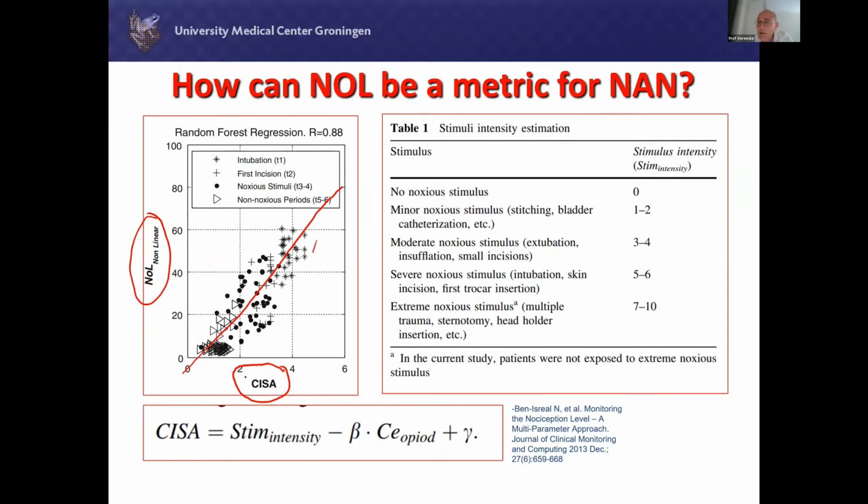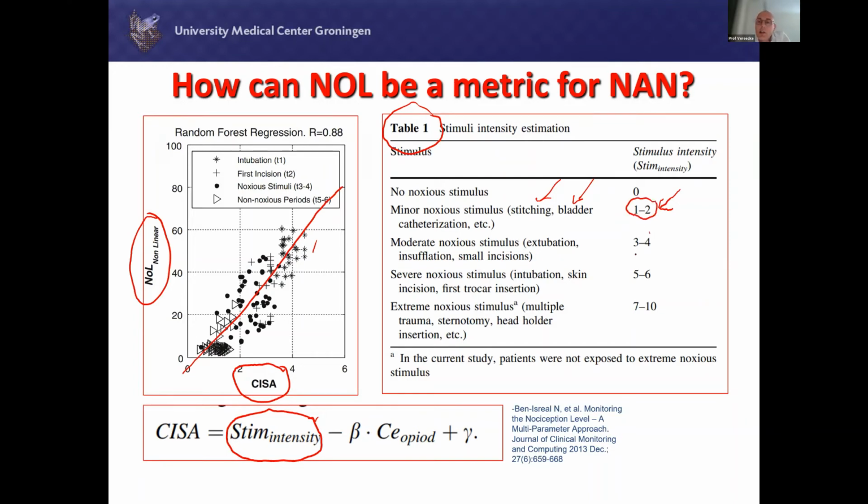And that's quite a clever idea, where on a mathematical basis, a quantification of stimulus intensity was defined. This was defined according to this table, which is a categorical scale. You have clinical settings such as stitching or bladder catheterization, which were categorized based on experience from a number of experienced clinicians as a low intensity stimulus.